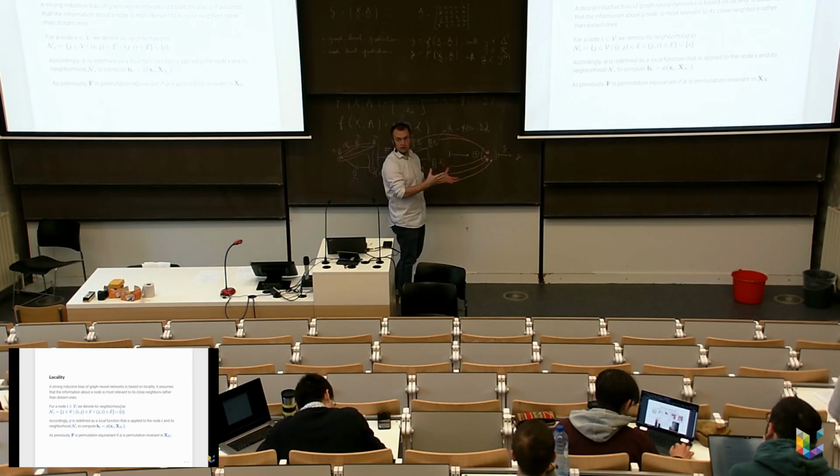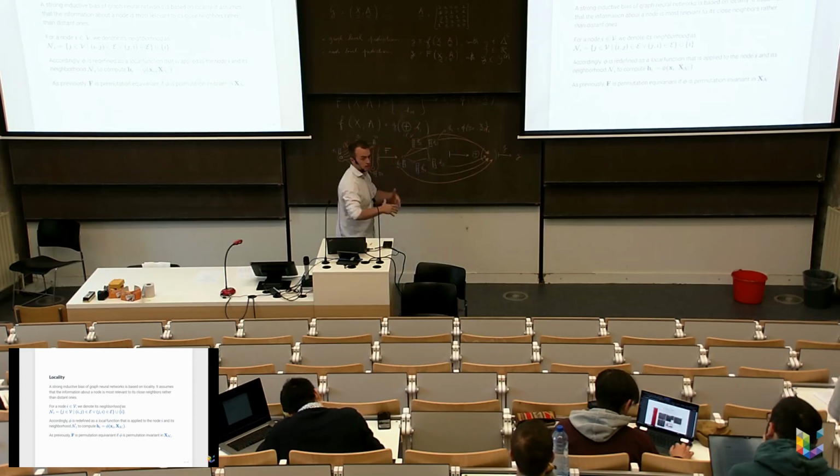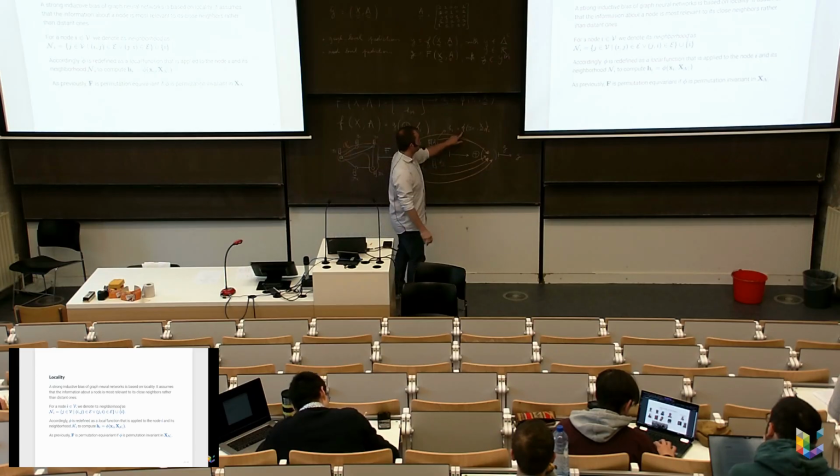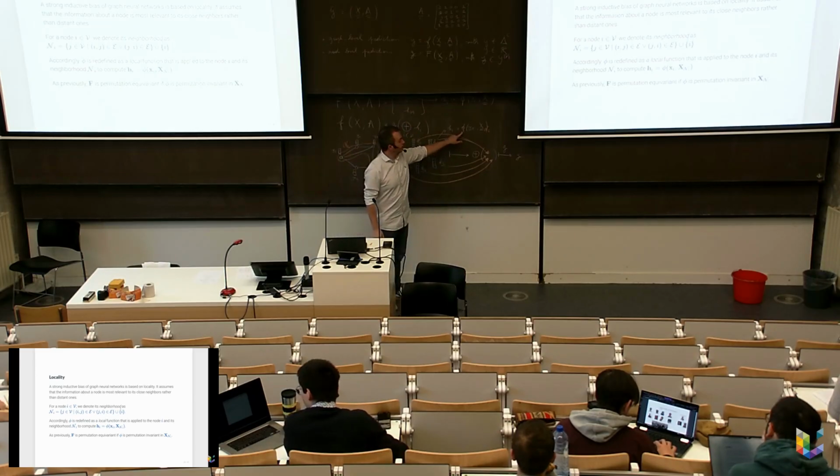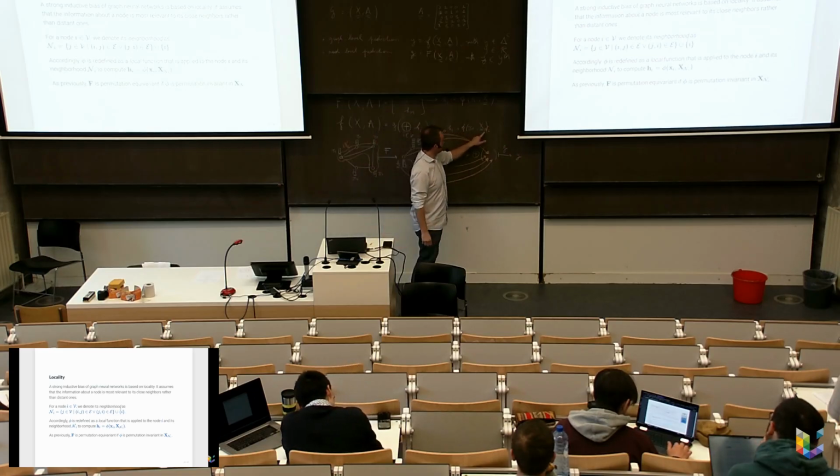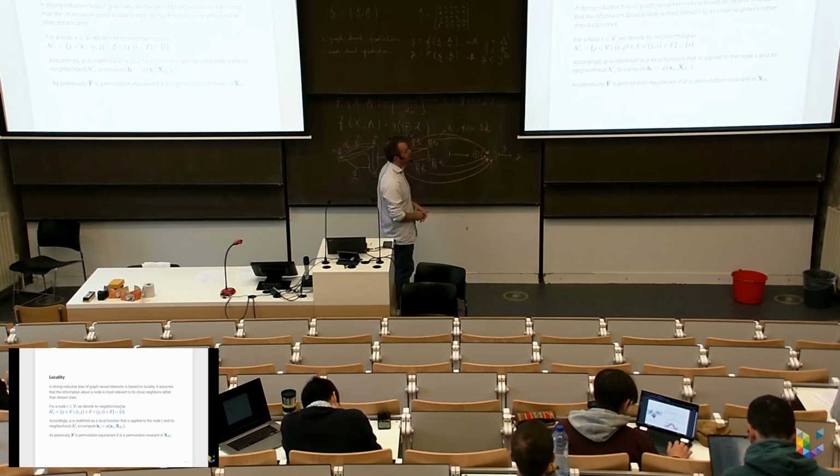It will only see information locally at I or in its neighborhood, but not everywhere in the graph. And of course, if we want everything to work, this phi function should remain permutation invariant, but now permutation invariant to X_N_I instead of the entire X.